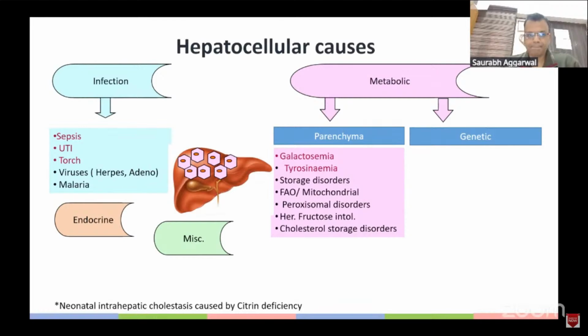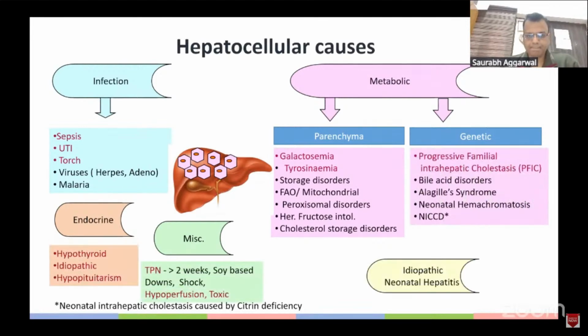There are different types of genetic causes also, like progressive familial intrahepatic cholestasis, bile acid synthetic disorders, Alagille syndrome, neonatal hemochromatosis, and neonatal intrahepatic cholestasis, which is caused by citrin deficiency. Other endocrine causes are hypothyroidism and hypopituitarism.